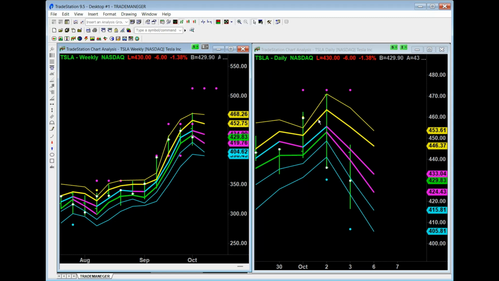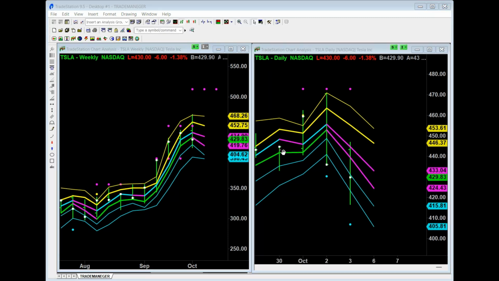So on the next day, the first day of October, that's this price. And actually, after it dropped down to this price, it already had a price reversal and started to increase on the same day and closed around $444 on the last day of September.